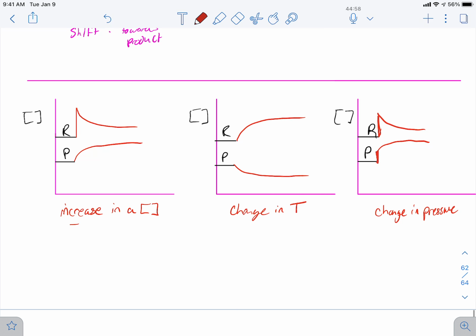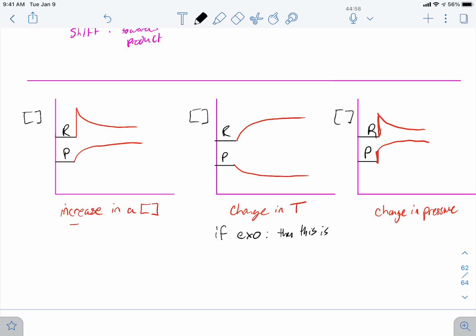There's some extensions here. If I told you that it was exothermic or endothermic, then I could ask you, what does this graph mean in the middle here? So we could say something like, if exo, then this is, so if it's an exothermic reaction, that's a reaction that produces energy.